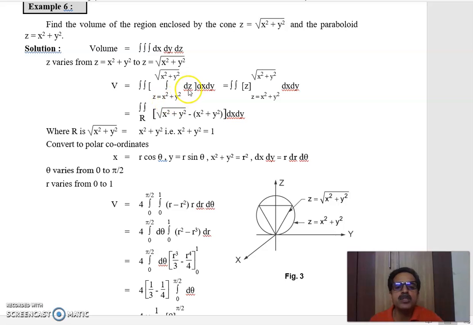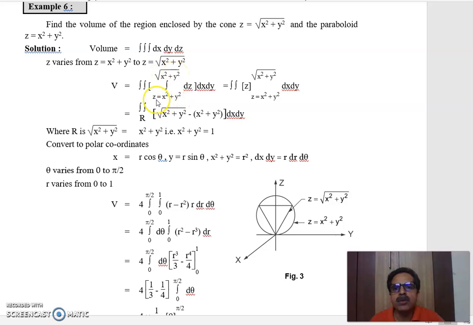We are integrating with respect to z first. We are considering a unit column in the required volume. So the bottom end of the unit column is present on the paraboloid, so z is x square plus y square. The top end is present on the cone, that is z is under root of x square plus y square. So you have to understand the limit of z from the paraboloid to the right circular cone.